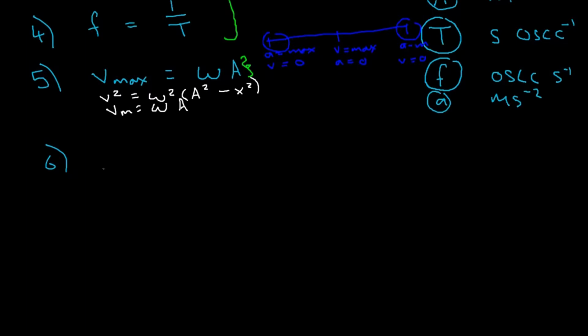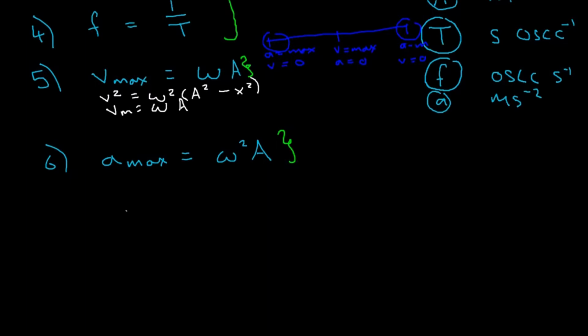This one is A max, the maximum acceleration, is equal to omega squared A. Now, once again, this one isn't in the tables, so I'm going to derive it for you to help you remember where it comes from.